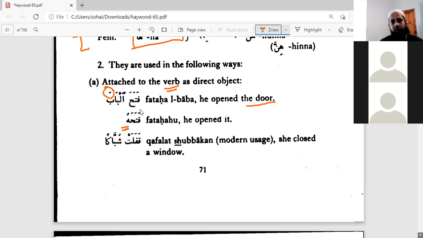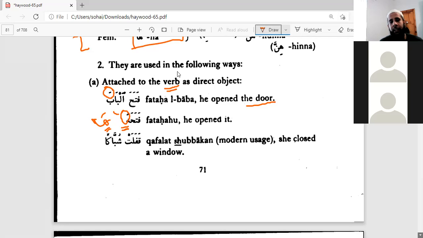The reason we're using hu, not ha, why is that? Because ha means it as well, right? Ha is feminine, hu is masculine. Why are we using hu, not ha? Because the door is masculine. So she opened it is not fataha he. Here, what does hu represent?